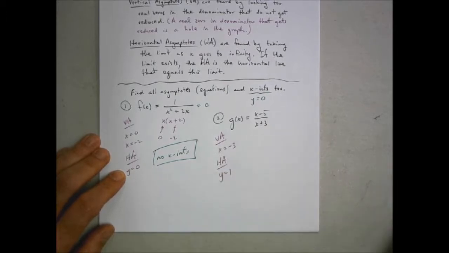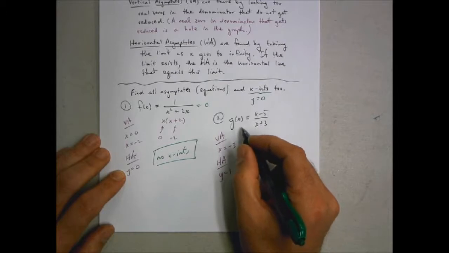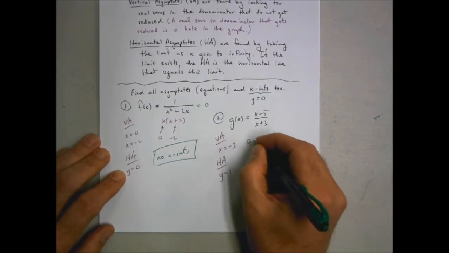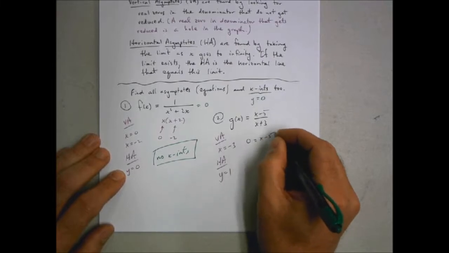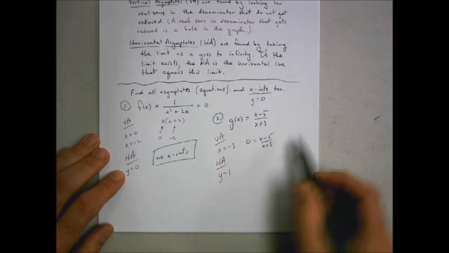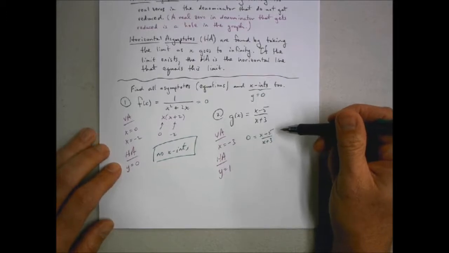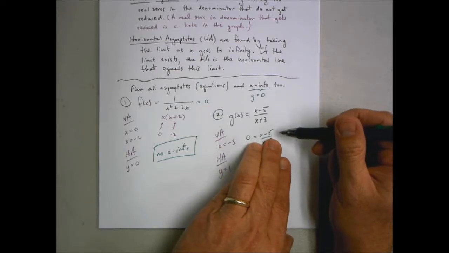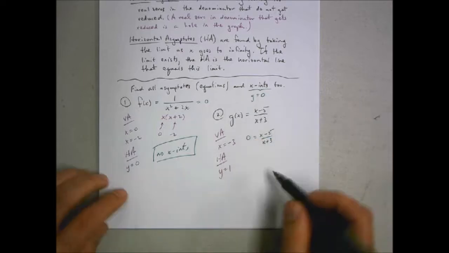X-intercept, if we plug in 0 for the y, well, again, as I was mentioning, for the x-intercept, focus in on the numerator. What makes the numerator 0? 5. And so the x-intercept here is 5.